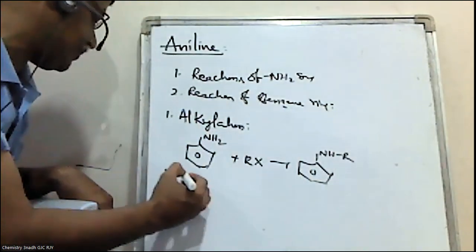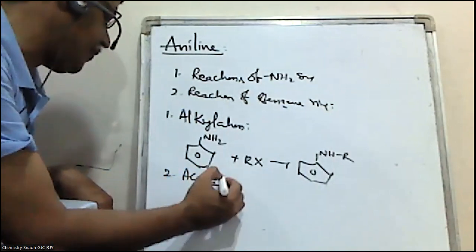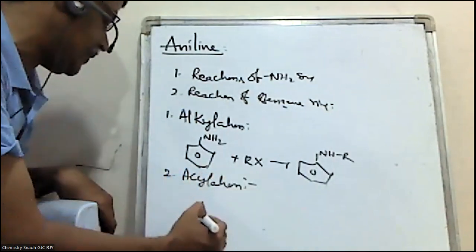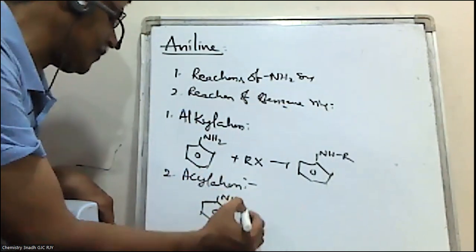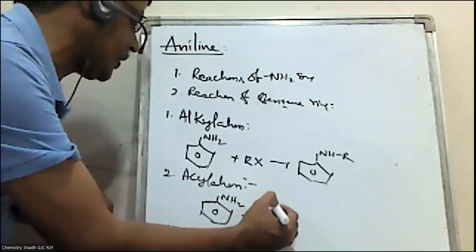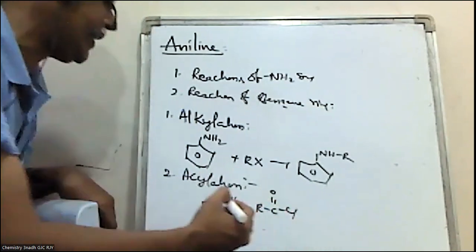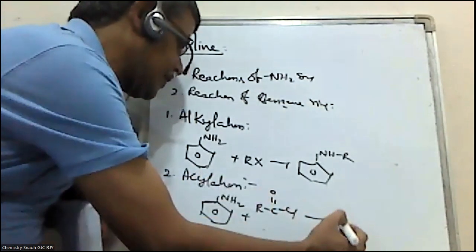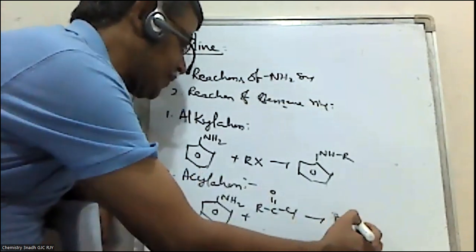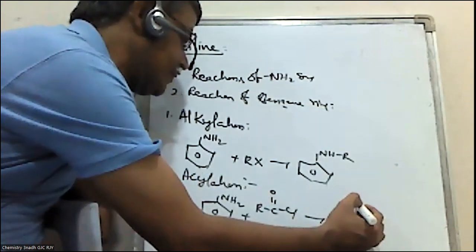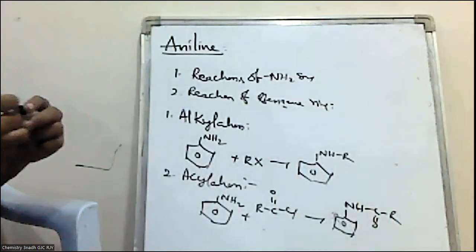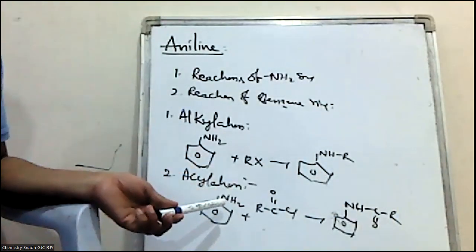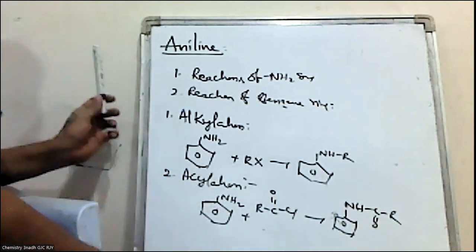Similarly, acylation means when aniline is treated with acetyl chloride or acyl chloride or acetic anhydride, it forms N-phenyl amide. So this is the acylation reaction.